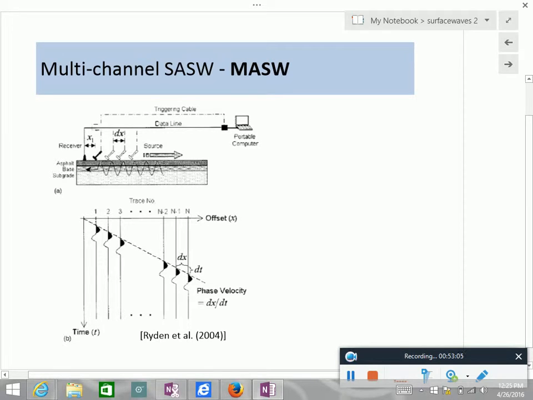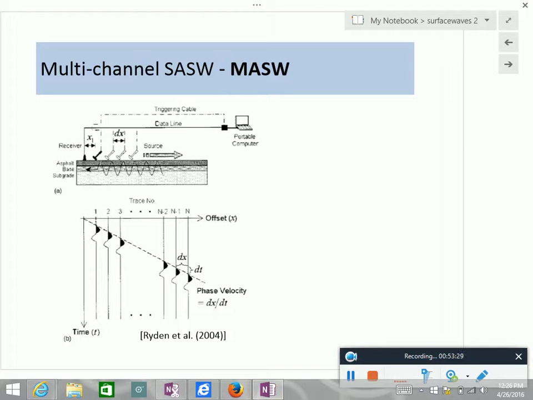Now, people have started saying, okay, SASW has a lot of problems with inversion. Inversion is very difficult. If you look at the paper I gave you, and a couple of other papers uploaded, you see that a lot of people from a long time ago were trying to make this inversion process better and better.